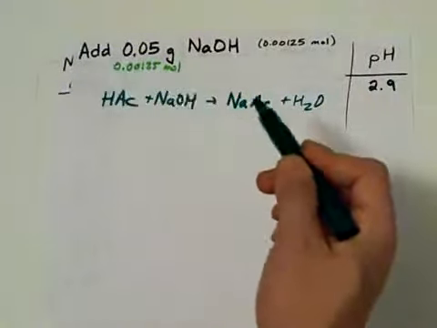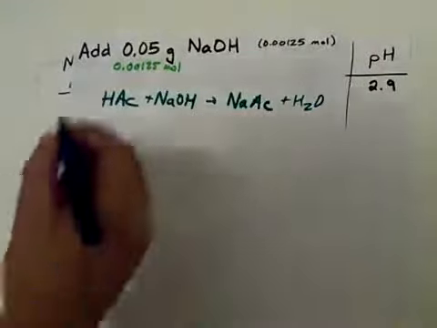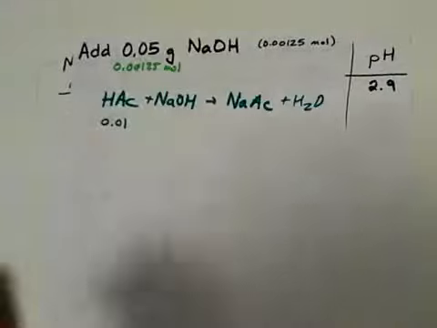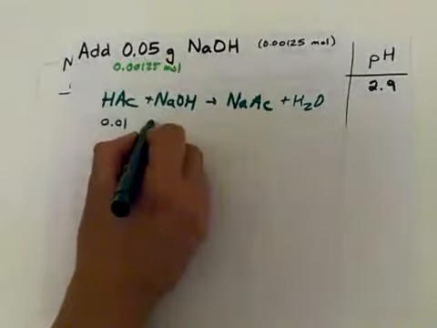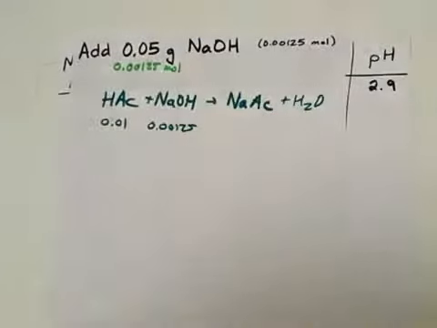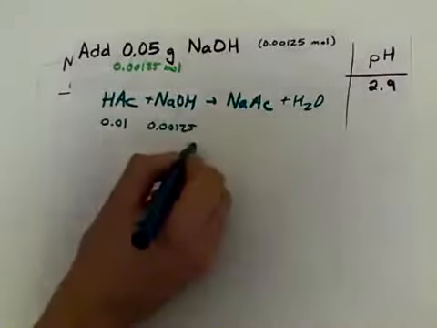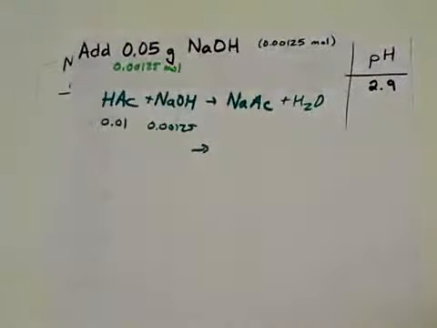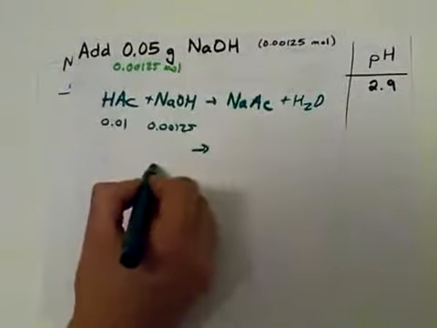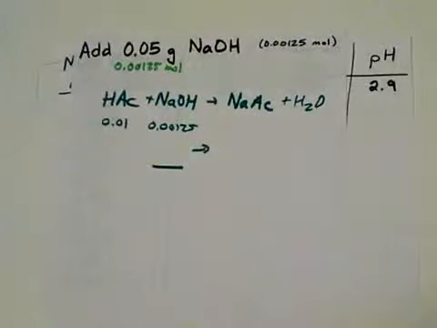Acid plus base makes salt plus water. Check. You're starting with 0.01 moles of acetic acid, and we're adding 0.00125 moles of NaOH. So, after the reaction, what happens? They react in a 1-to-1 ratio. This one runs out first, we're left with no NaOH remaining.